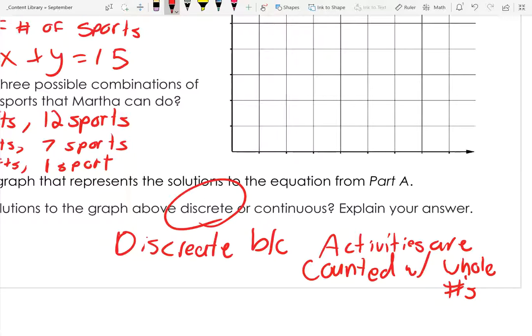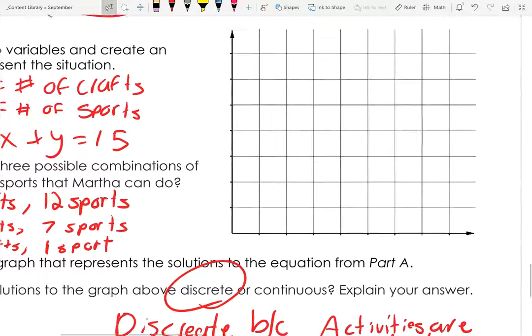Essentially, you can only count the activities you do in whole numbers. You're going to have 3 crafts, 12 sports, 5 crafts, 10 sports, etc. You can count how many of each thing you do, and you can only count them in whole numbers. You can't do 1.1 crafts. Okay, you're doing the whole activity.